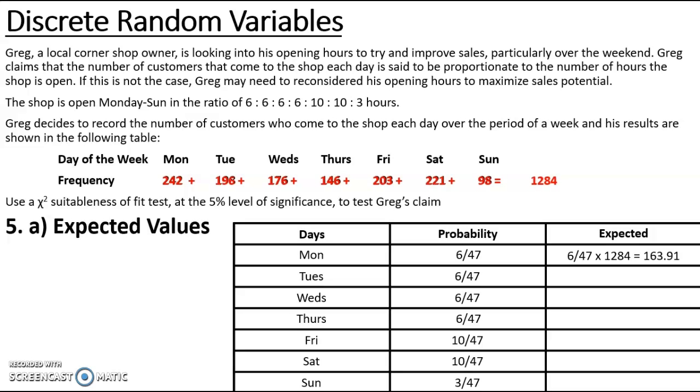So on Monday, we were expecting just under 164 customers, as we were on Tuesday, Wednesday and Thursday. On Friday and Saturday, we were expecting just over 273 customers. And on Sunday, we were expecting just under 82 customers.